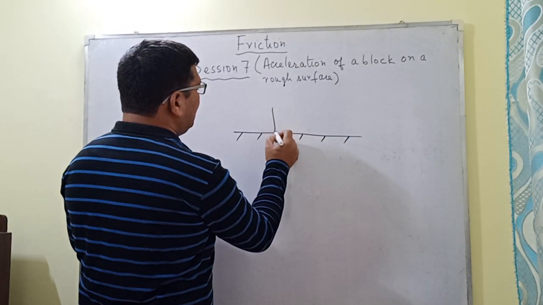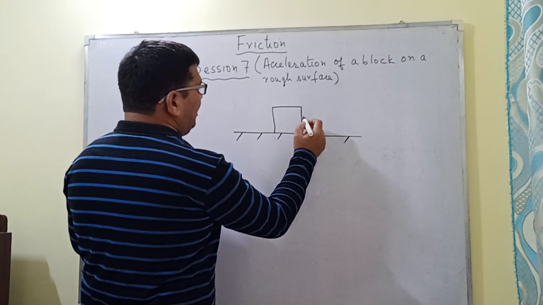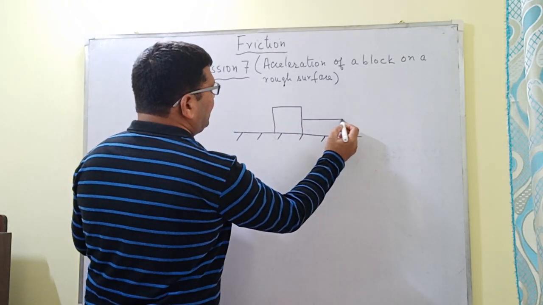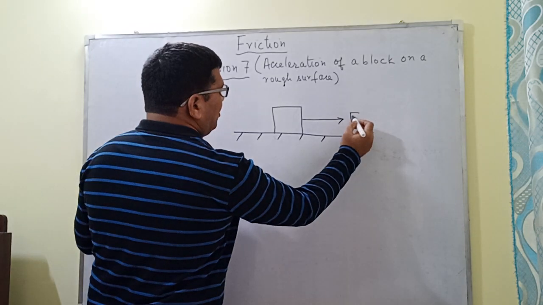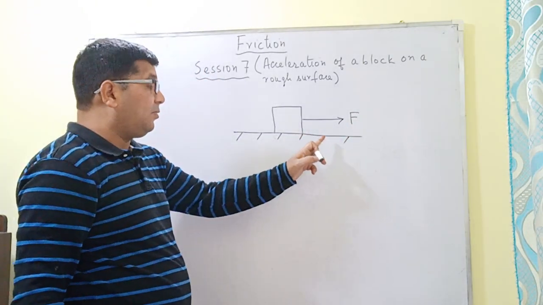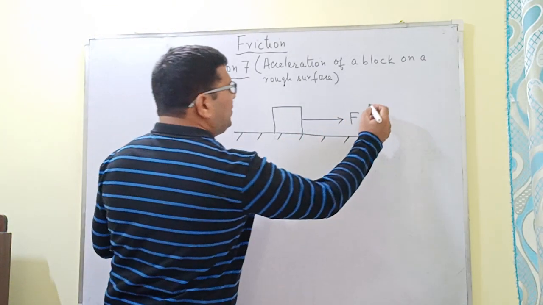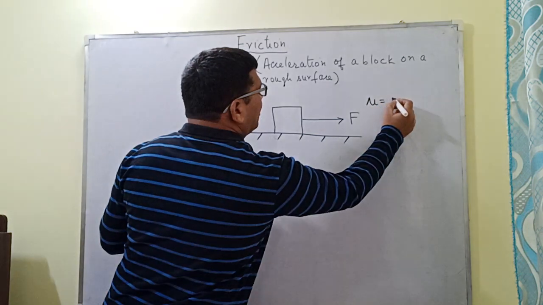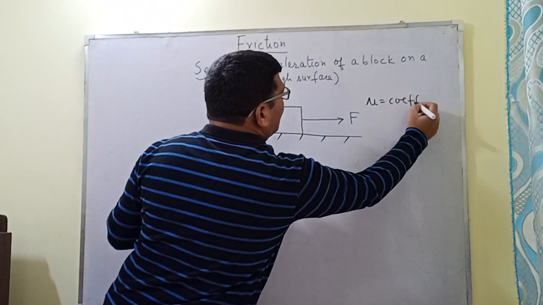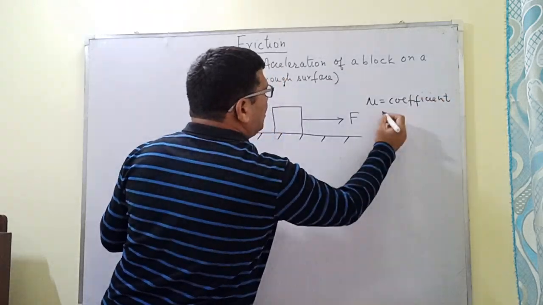This is a block lying on a horizontal surface, and I have applied an external force F which is horizontal, parallel to this horizontal surface, and the coefficient of kinetic friction between the block and the horizontal surface is mu.